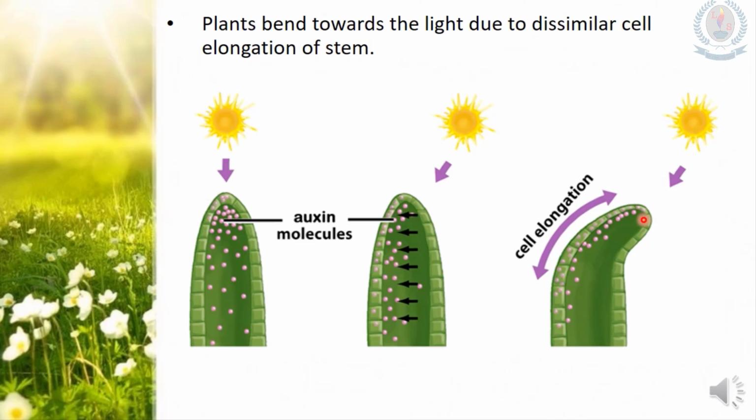Why? The side where we are getting the sunlight is not increasing the length of the cells, and the other side, the shady side, is increasing the length of the cells. So this dissimilar cell elongation is bending the plants towards the light.